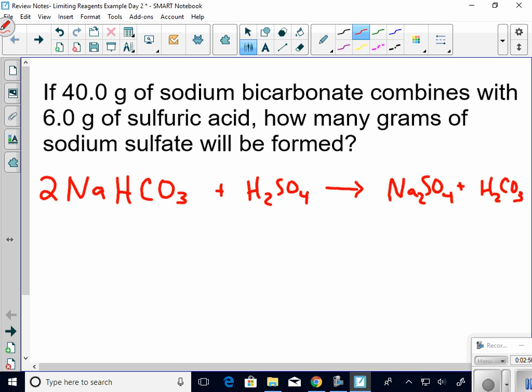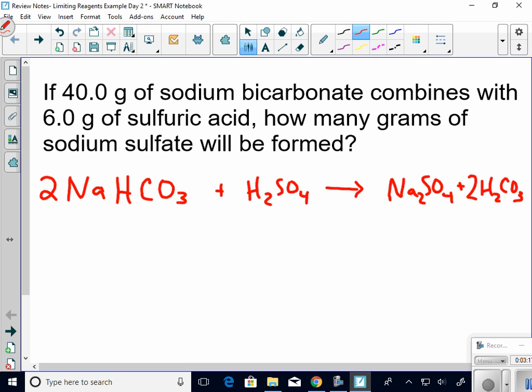My carbonate is good. The only thing that I do not have good right now is hydrogens, and those are good. I believe that's balanced. What do you believe? Okay, so I have a balanced chemical equation.